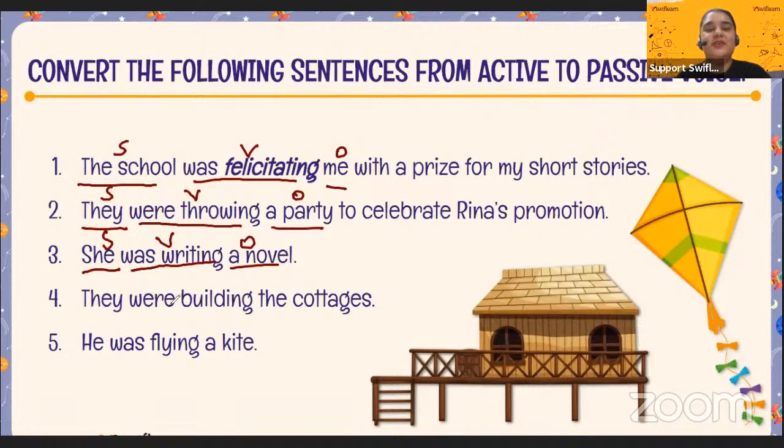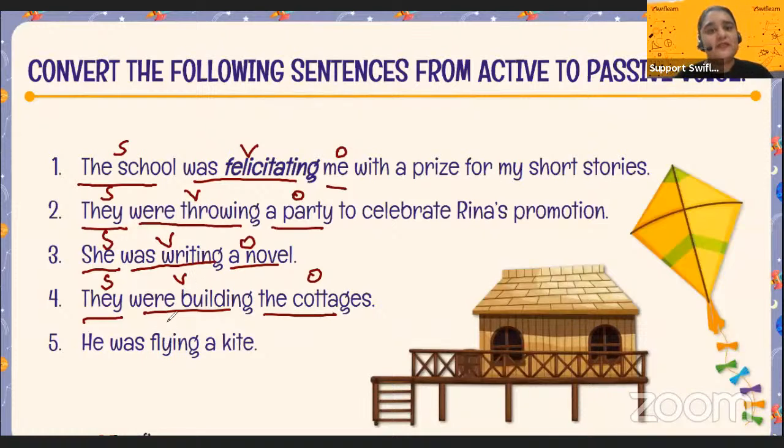Let's come to the fourth point. They were building the cottages. So they is your subject. Were building is your verb. And the cottages is your object. Very good. So the cottages were being built by them.